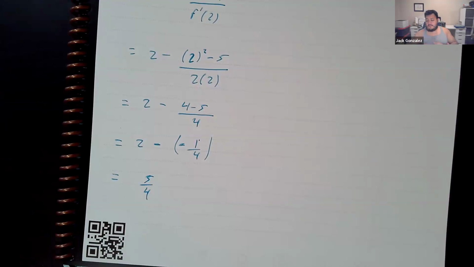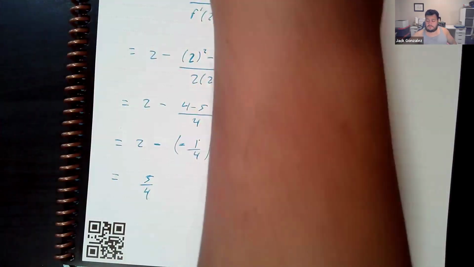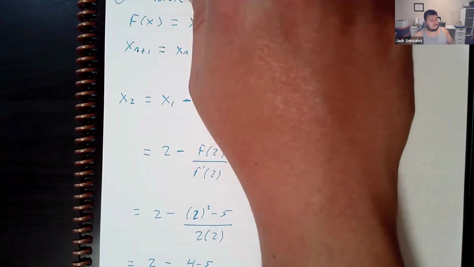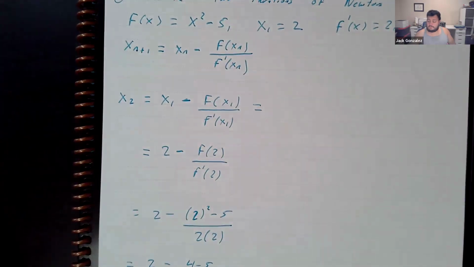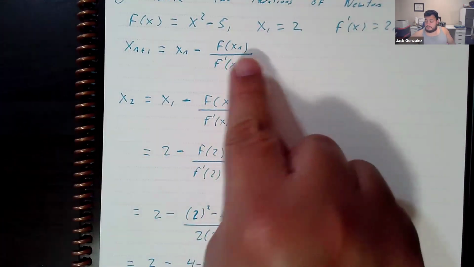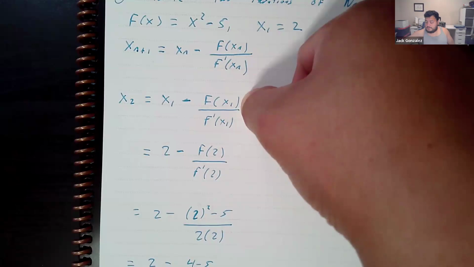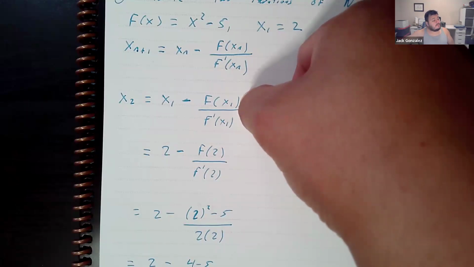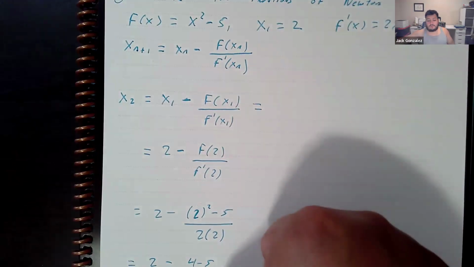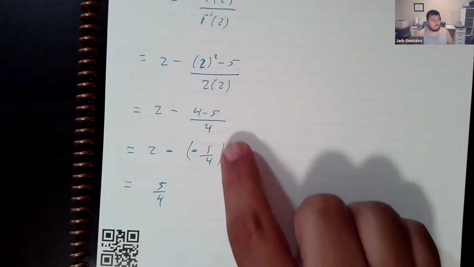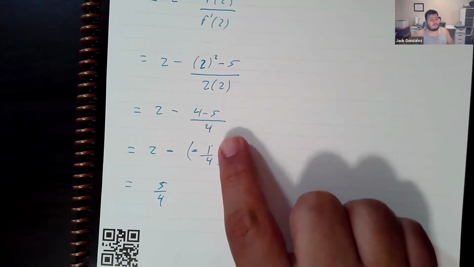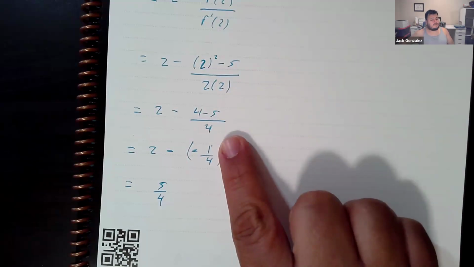Okay. But in the homework, what they want you to do is piece by piece. Notice they have this top part by itself. That would be negative 1 at the top. Then they have the derivative at x1, which is 4.